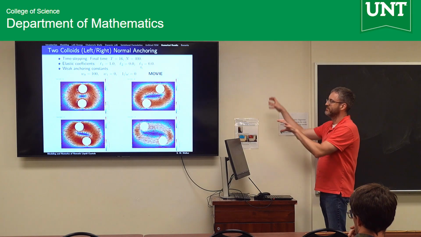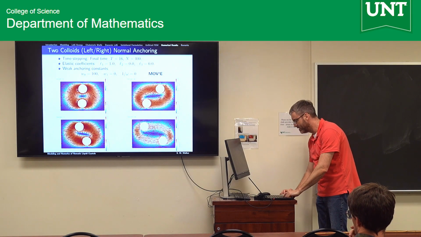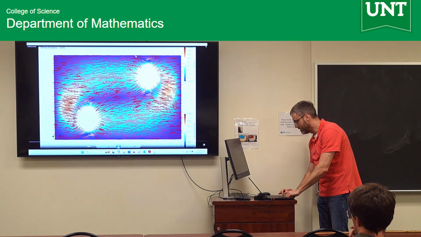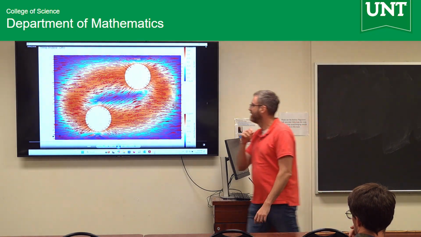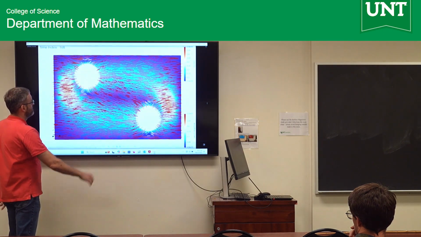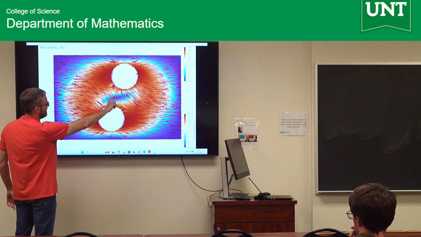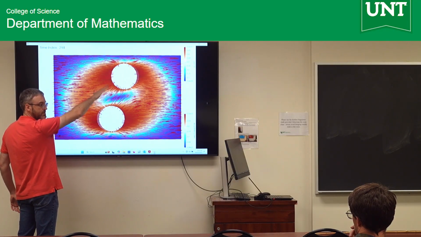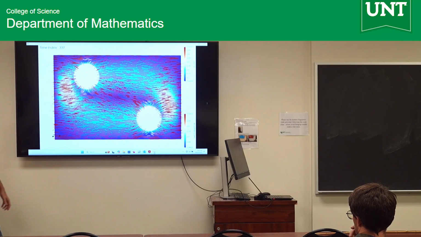So this is the same problem, but just moving left and right now. Again, you can see the -1/2 degree defects. And then the defects do interact a little bit here. And again, you can see this kind of switching of the state as it goes back and forth.